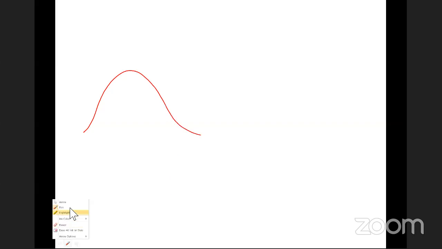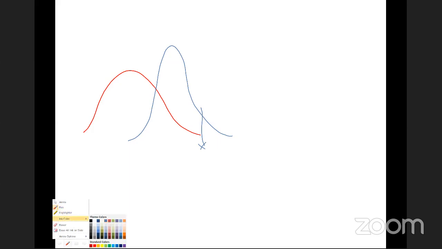One class comes from here, and the other class comes from another Gaussian, which is slightly shifted. Now if I have a point that falls here, then its likelihood is this much. If I have a point that falls somewhere else and it's from a different class, then its likelihood is this much.